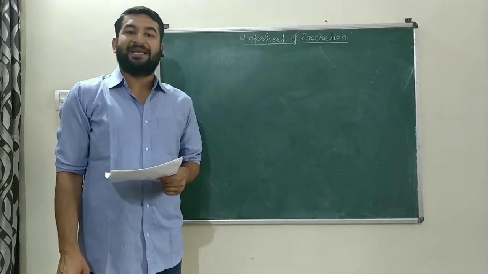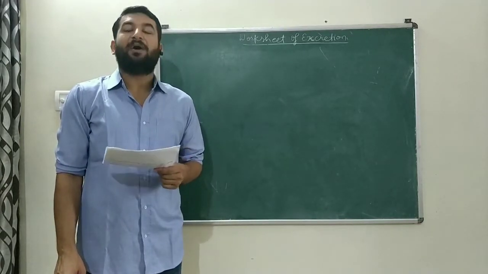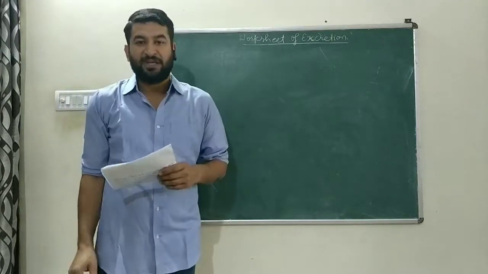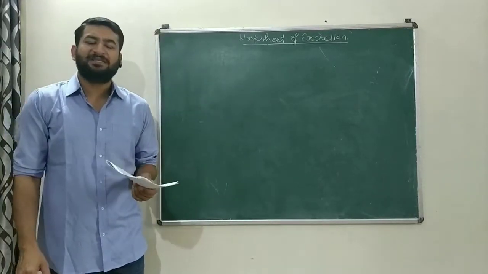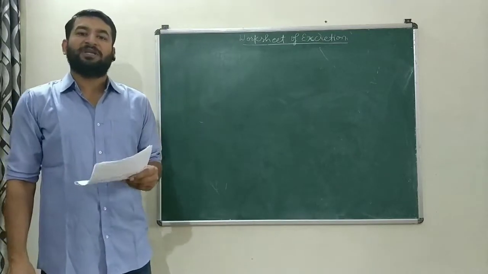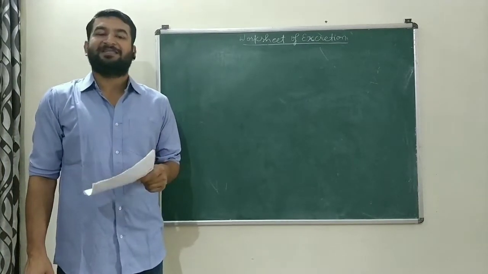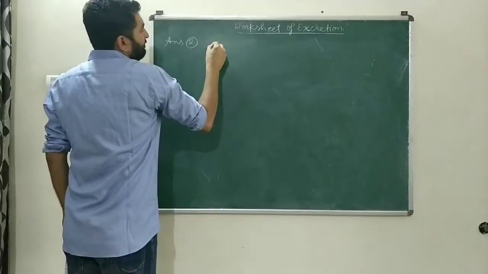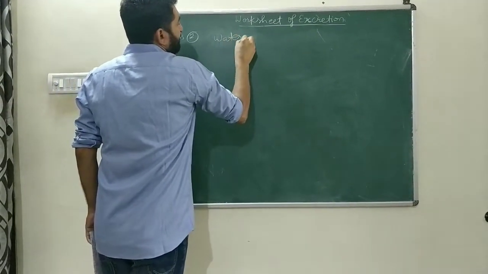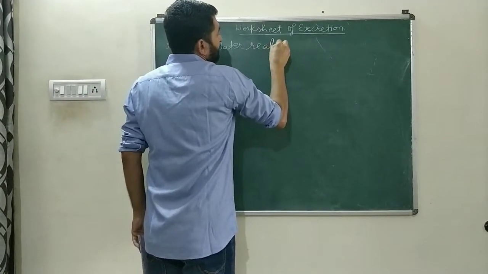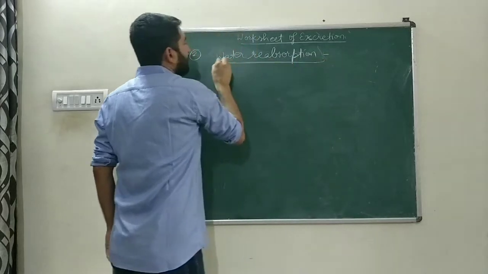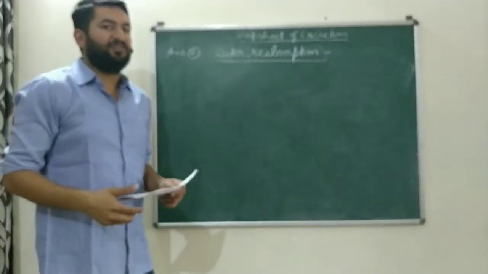The question number 2 of your worksheet is, how is the amount of urine produced regulated? The urine is produced in the kidneys, and the amount of urine is regulated by certain factors. The first factor is water reabsorption. The third question is structure and functioning of nephron.